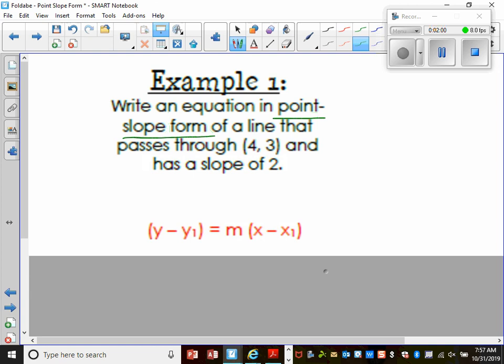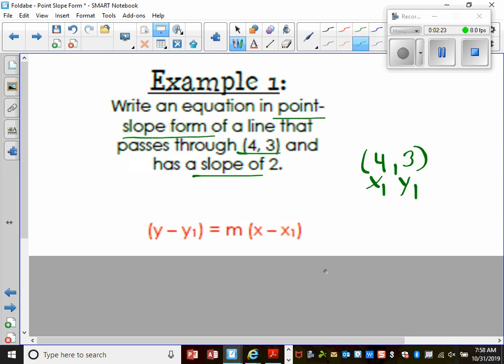You can't put this problem into slope intercept form when it specifically says to write the equation in point slope form. They give you a point, they tell you it passes through this point. So technically, this is your x1 and this is your y1.